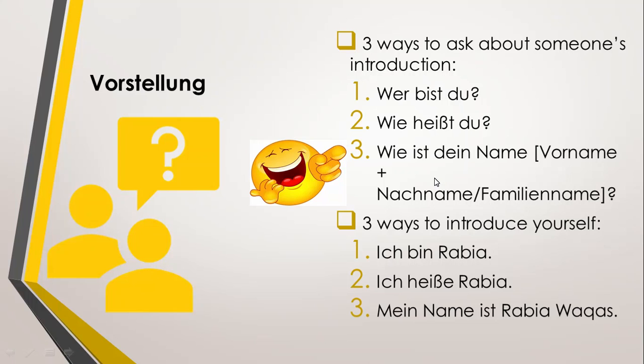Now, in this question, the wie comes instead of the was in German, which means what, because Germans prefer to keep the question word as wie when they are using it for introduction with the verb sein, or when they are using wie for introduction with the verb heißen.